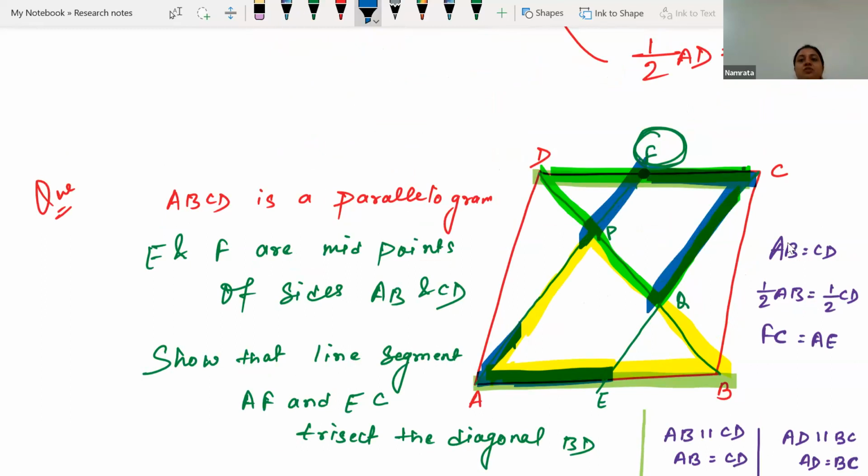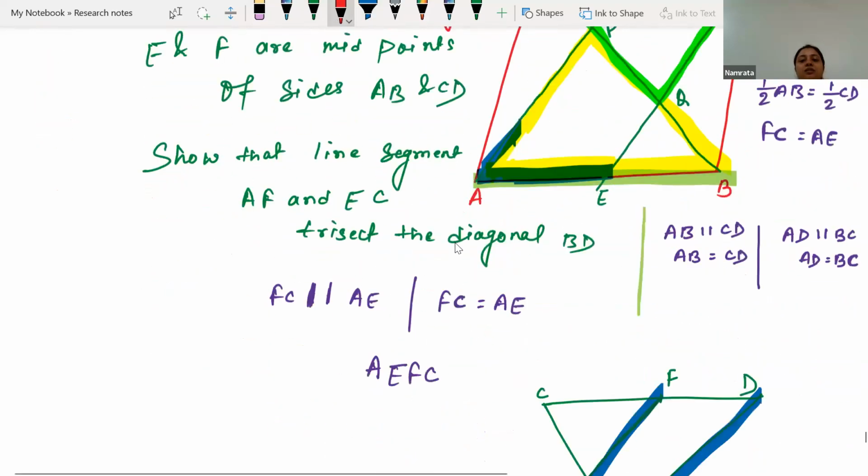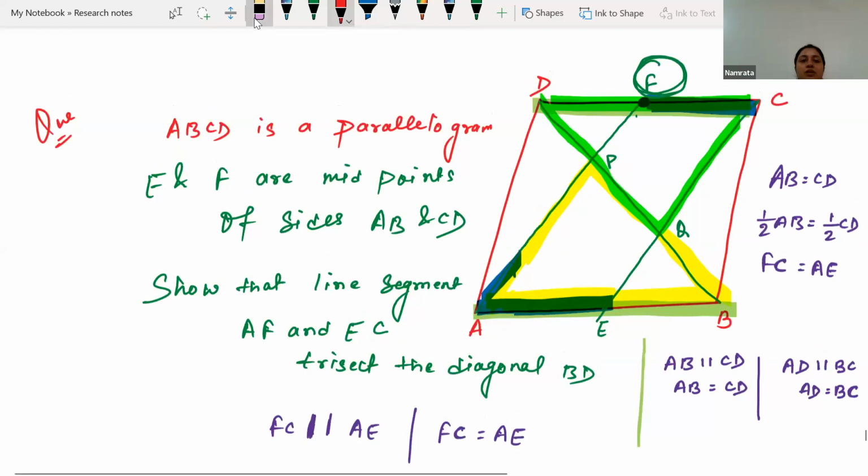Yes, ma'am. In a triangle, if we draw a line through the midpoint of one of the sides parallel to the other side, it will bisect the third side. So the third side, okay, the name I have not written correctly.